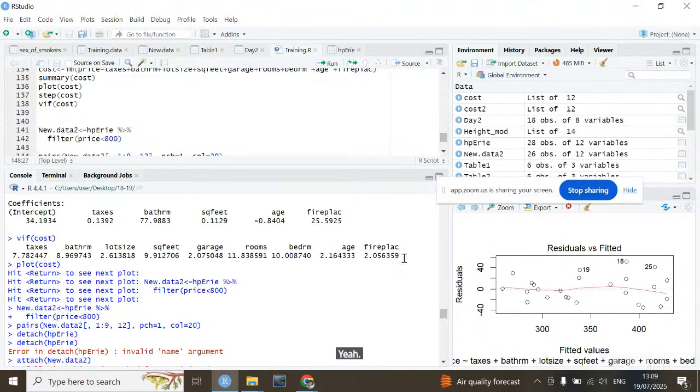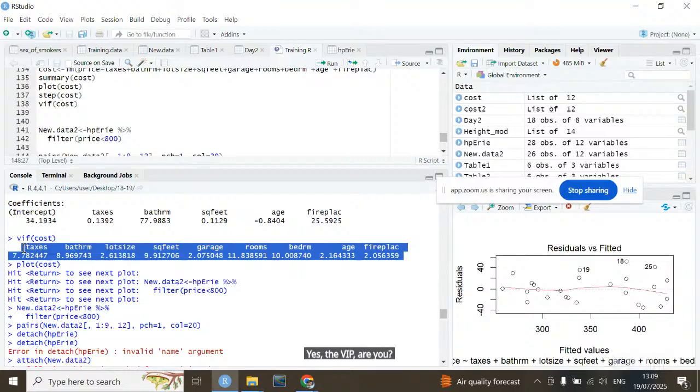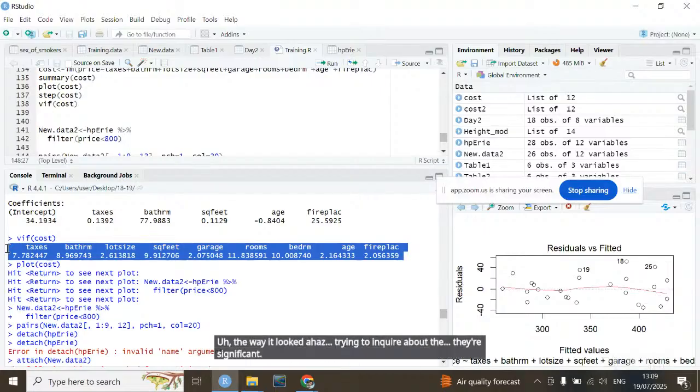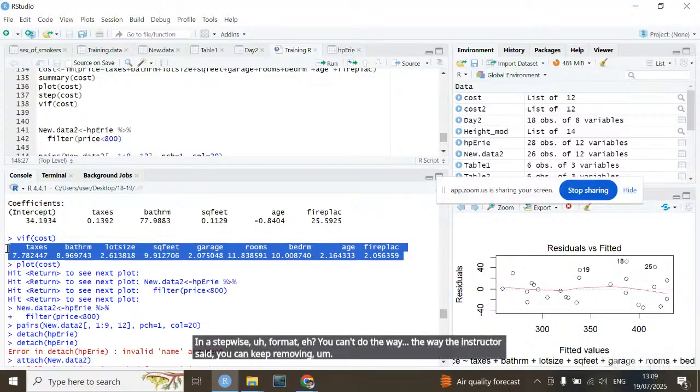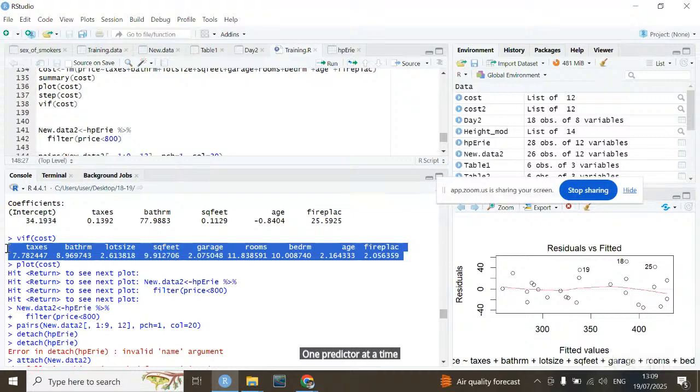Yeah, maybe also to supplement on that output, the way the doctor was trying to inquire about the significance levels and everything. This command in R, you can still do this analysis in a stepwise format. You can do it the way the instructor said. You can keep removing one predictor at a time from the equation the linear model has built.